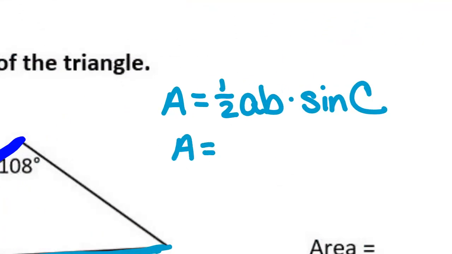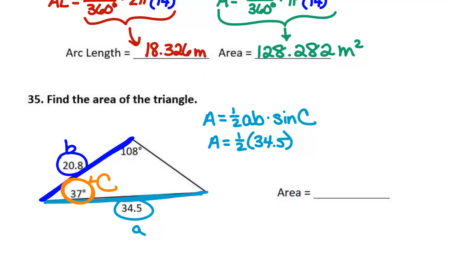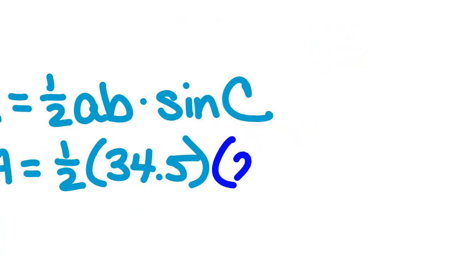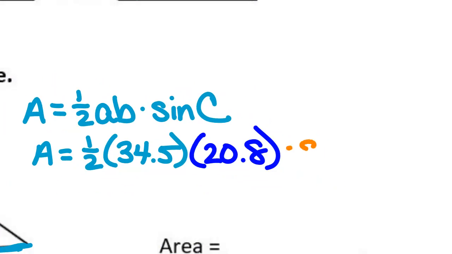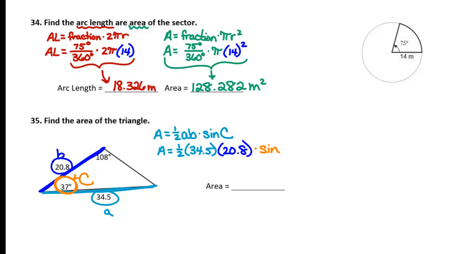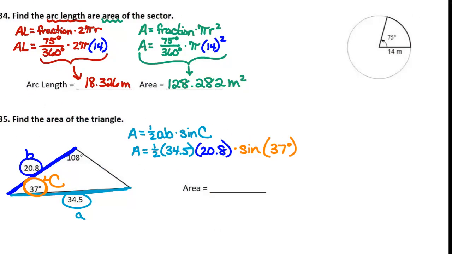So area is equal to 1/2 times 34.5 times 20.8 times the sine of 37 degrees. No adding here. The only area formula that has adding in it is my trapezoid.